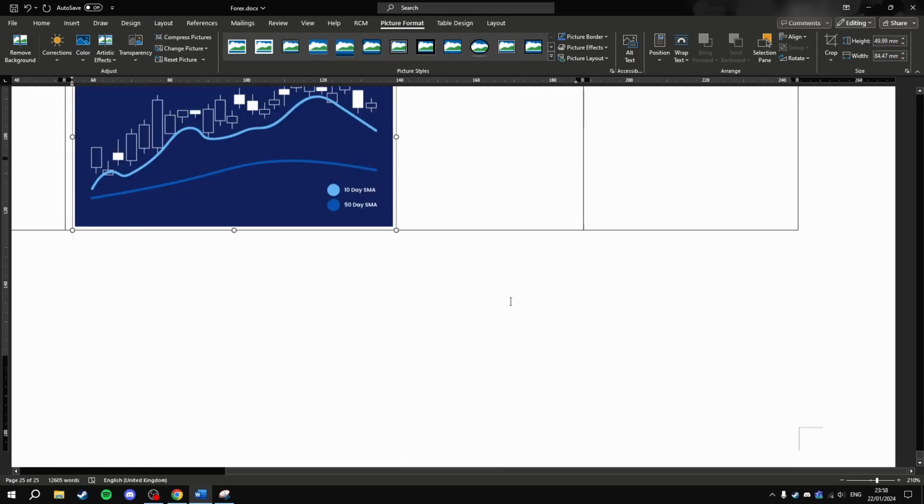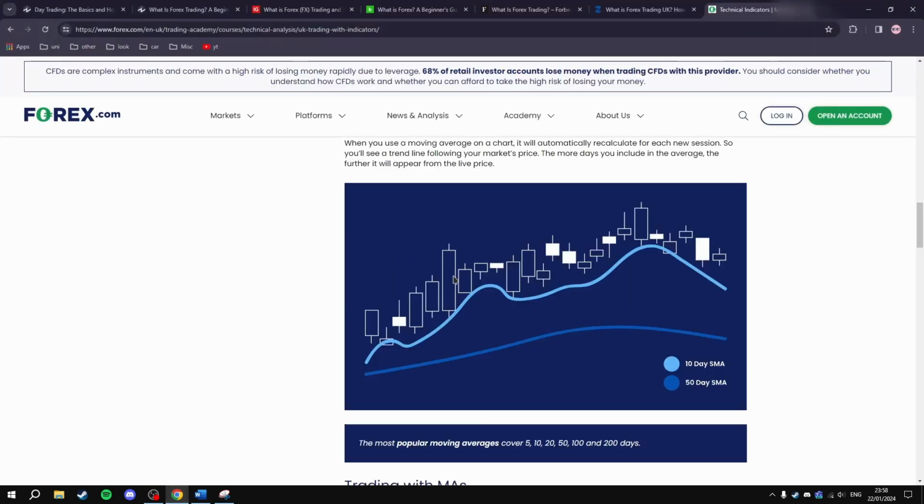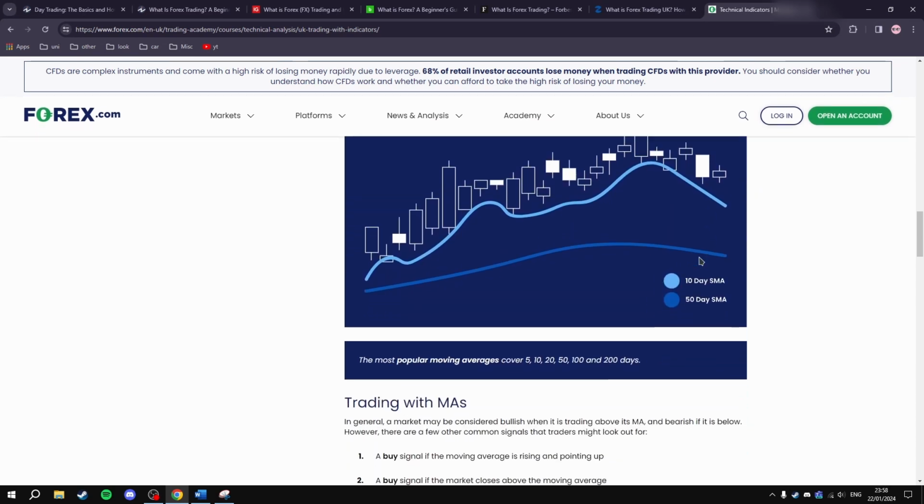Which I think makes sense, because the more data points you include to calculate the average, the more numbers you have to include, so that's going to smooth out the average. So yeah, that makes sense.